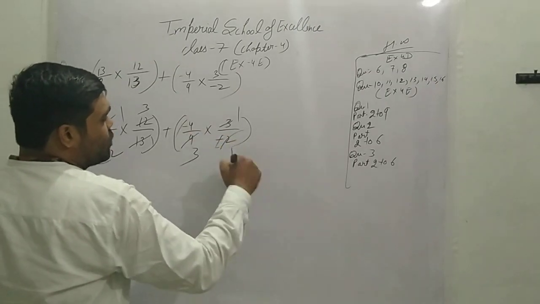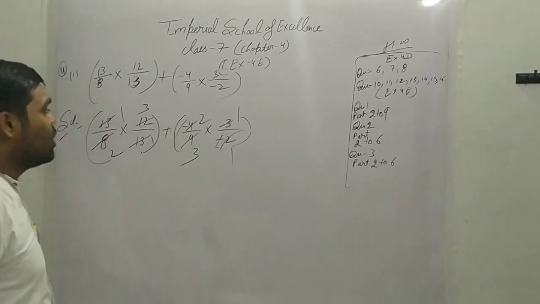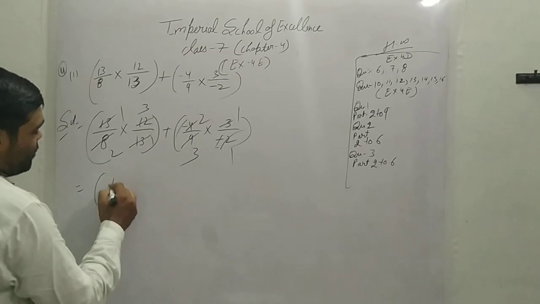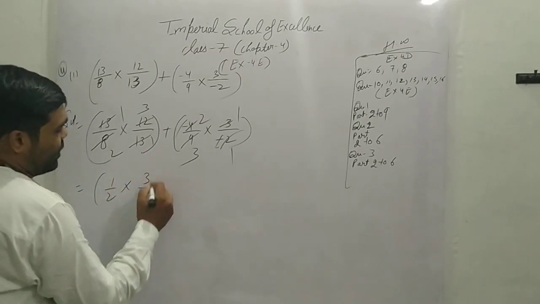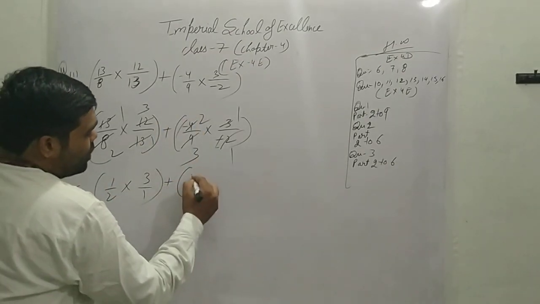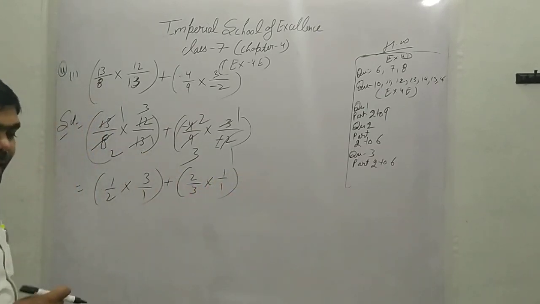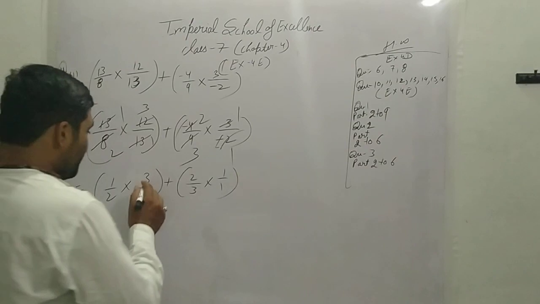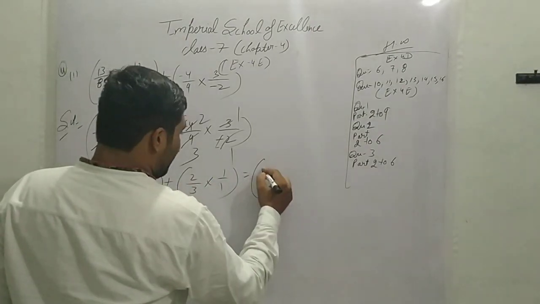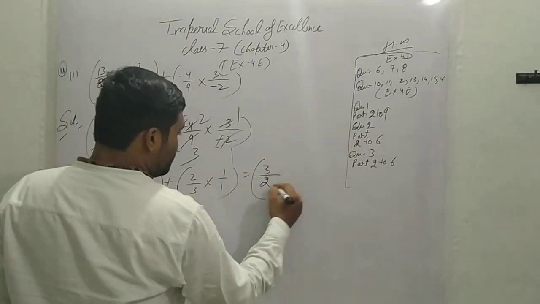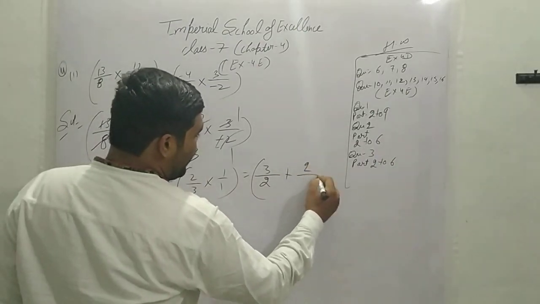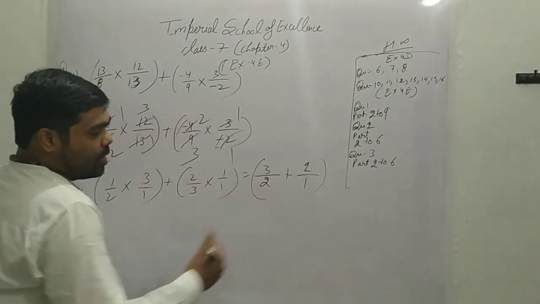Minus minus cancel. 2 1s are 2, 2 2s are 4. Now what is left here? 1 upon 2 multiply by 3 upon 1 and plus 2 upon 3 multiply by 1 upon 1. Multiply all this. 3 1s are 3, 2 1s are 2, plus 2 1s are 2 and 3 1s are 3.